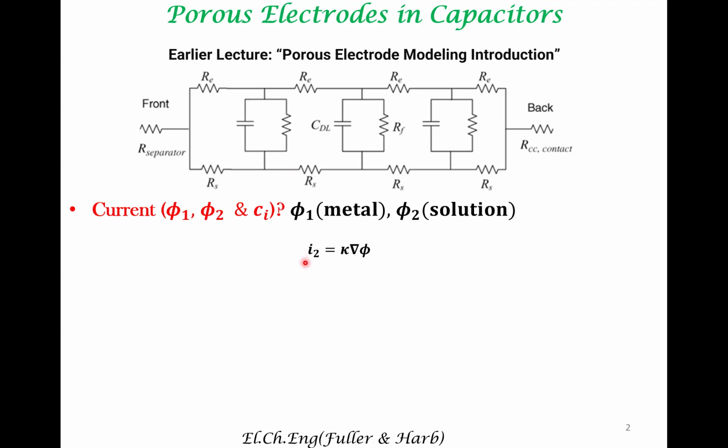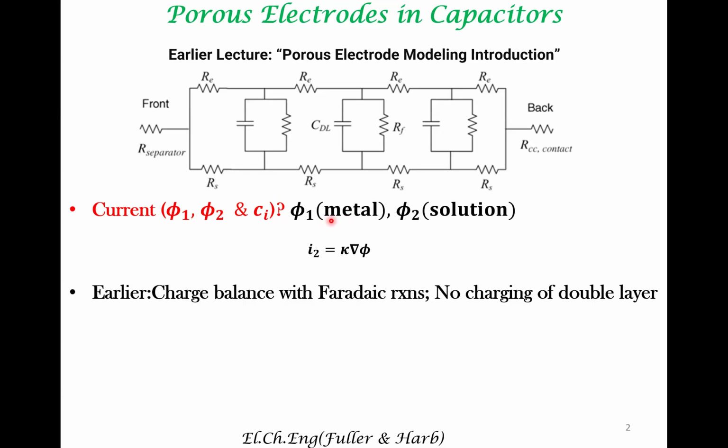So the current in the electrolyte is given by a simple Ohm's law kind of behavior. So conductivity times gradient in potential. So 2 refers to the electrolyte, 1 refers to metal.